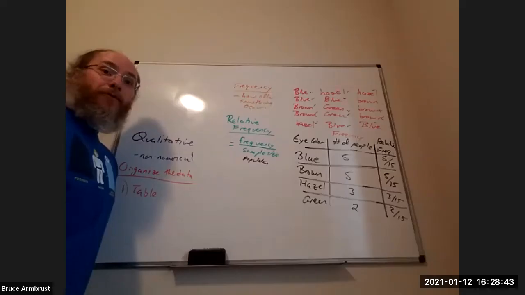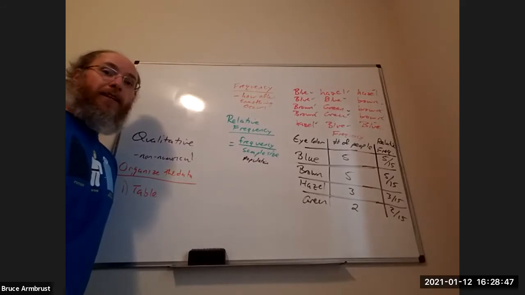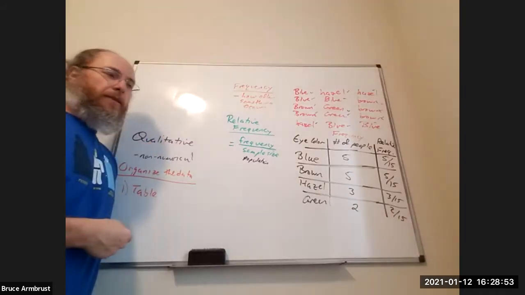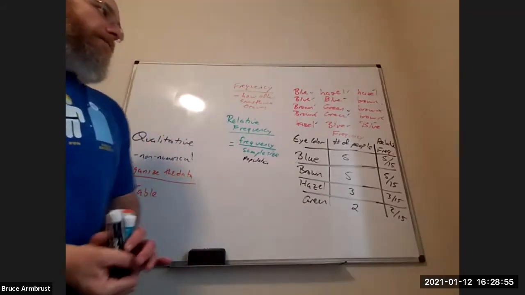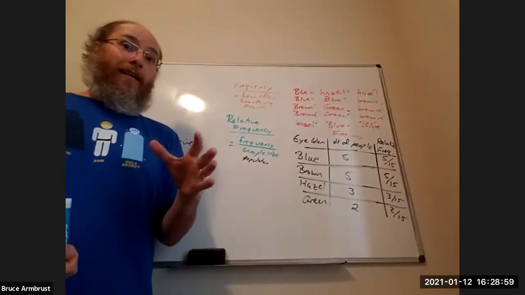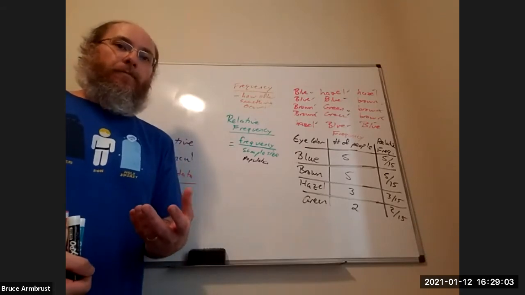That's what our relative frequency tells us. If you convert those fractions into percentages, that tells you what percent of this sample has blue eyes, right? So if we look at blue eyes, it's 5 out of 15, so 1 out of 3, 33.3%.